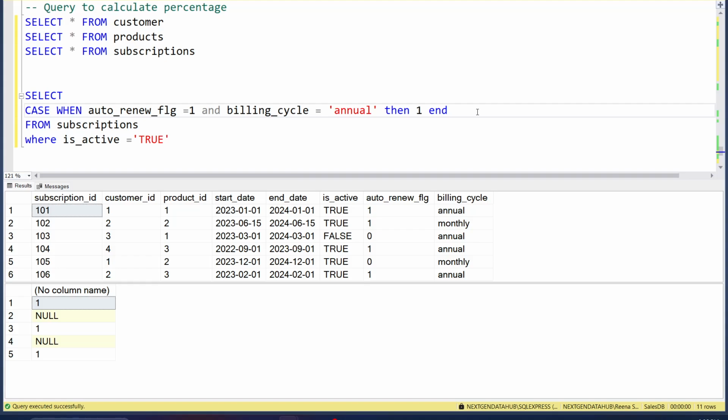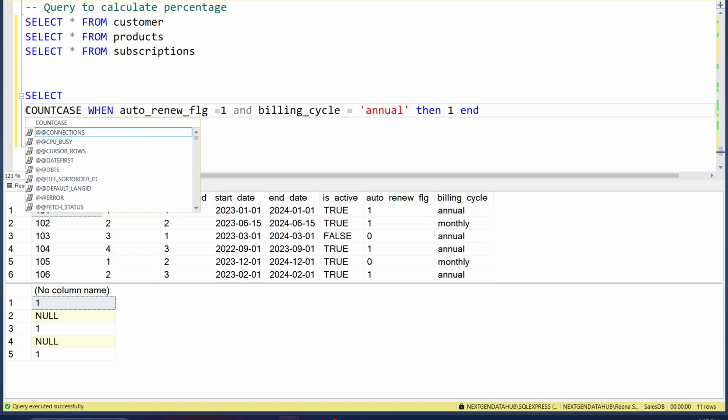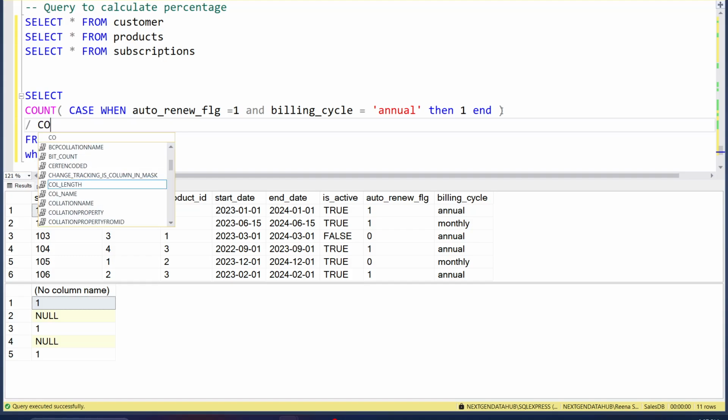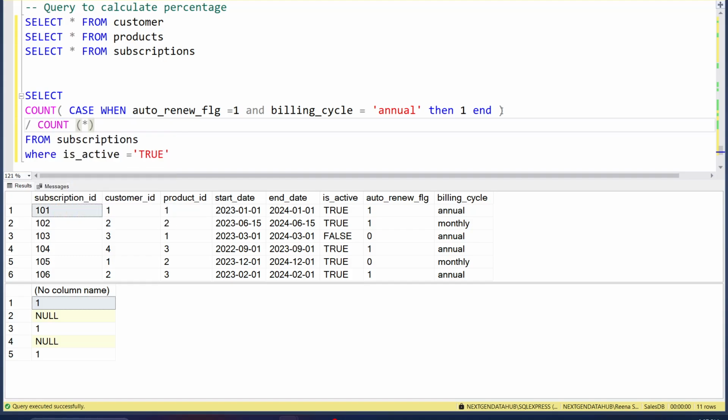So we need the percentage. So also we need to count this, and then we need to divide it by the total count, which would be count star, and give it an alias as percentage auto renew and annual active subscription percentage.